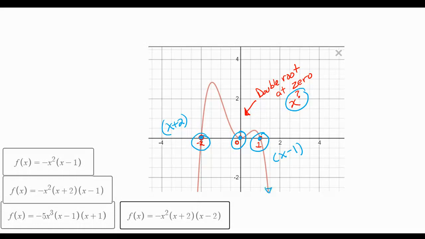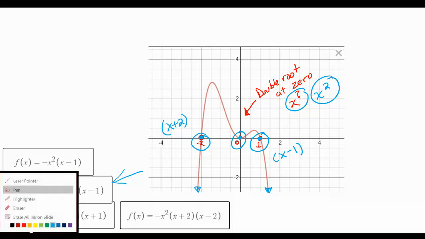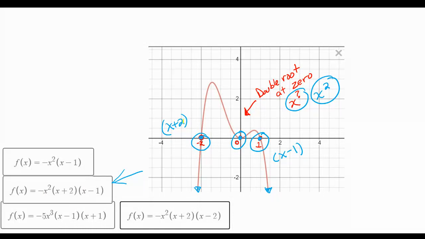The arrows are both pointing down, so I have all the lead negatives I need. Which one has x plus 2 and x minus 1 and x squared? There we go. That's our equation, and we based it off of writing these from the intercepts but opposites.